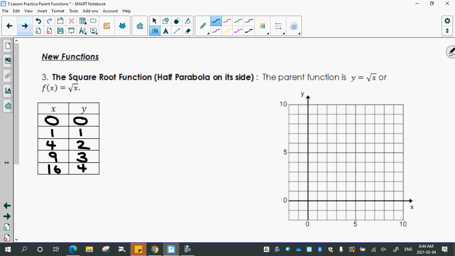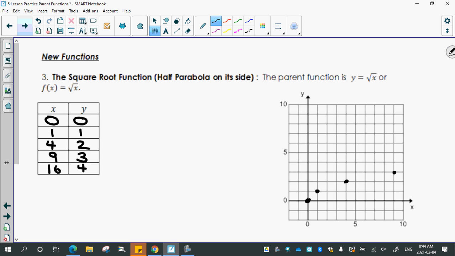So we'll start off plotting 0, 0, which is down here. And then 1, 1. And then 4, 2. And then 9, 3. We can't fit 16, 4 on.